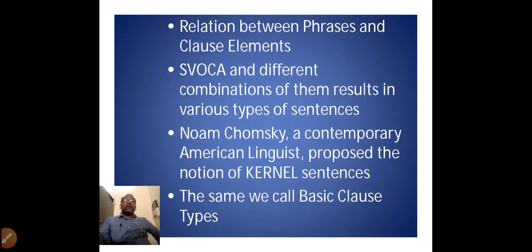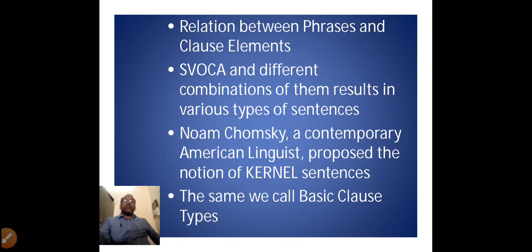We must have an idea what relations phrases and clause elements share amongst themselves. We must understand that out of the 5 phrases, it is the noun phrase that functions as maximum clause elements. I mean to say, NP can function as subject, object, complement and even sometimes adverbial.